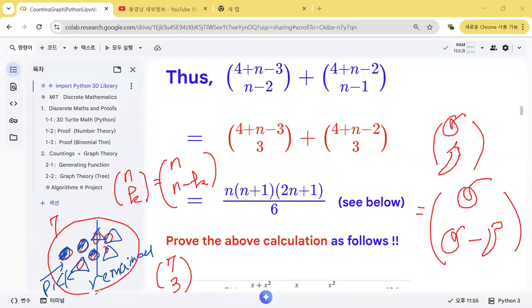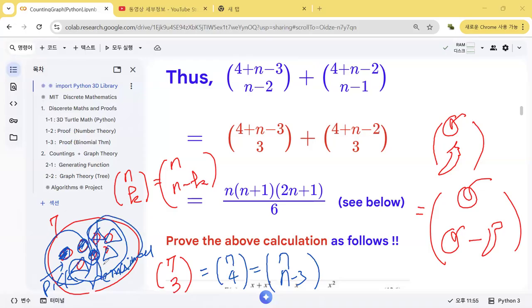So if you pick up three, then automatically four is also remained, and we can think about this as another pickup. So that is equal to 7 choose 4, that is 7 minus 3. Once you pick up this one, automatically there remains another thing. So there are separate things, but the possible numbers are the same.